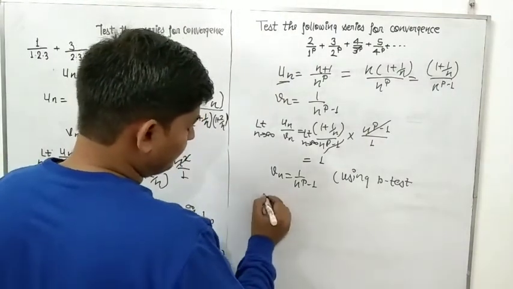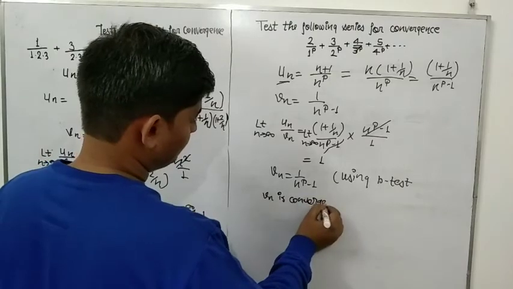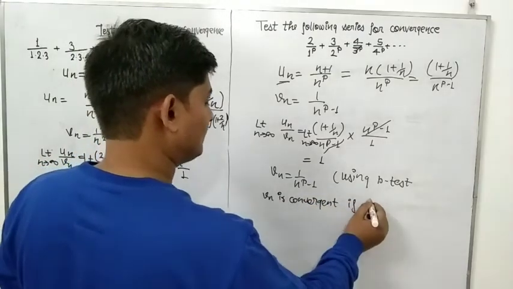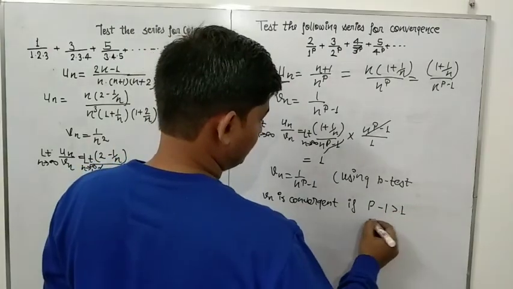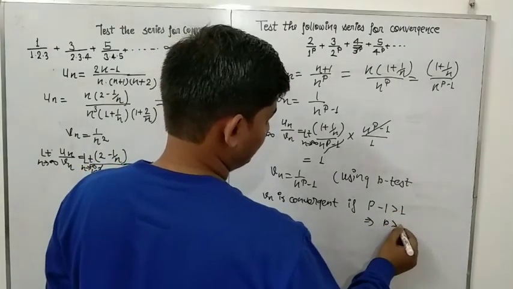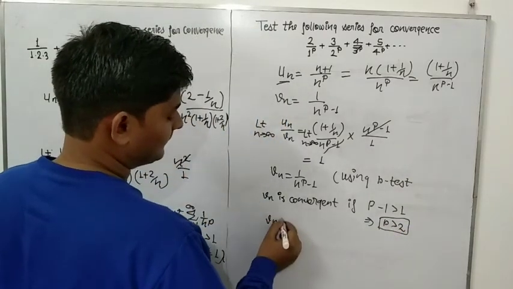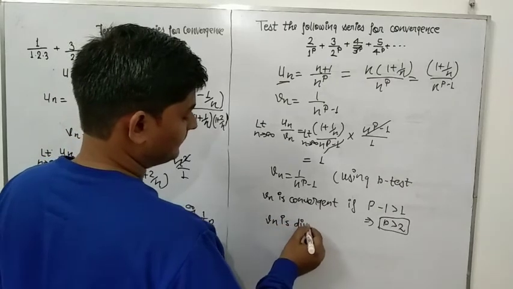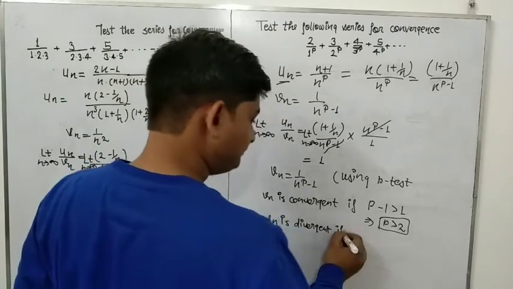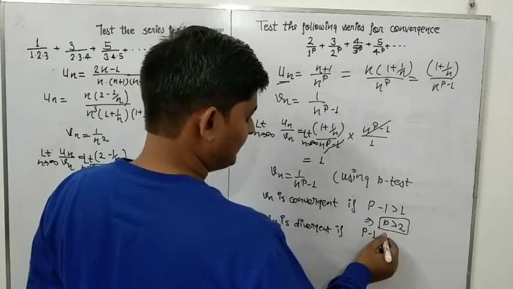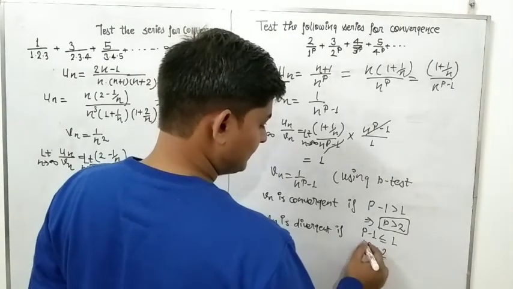So Vn is convergent if p minus 1 is greater than 1, which implies that p is greater than 2, and Vn is divergent if p minus 1 is less than or equal to 1, meaning thereby p is less than or equal to 2.